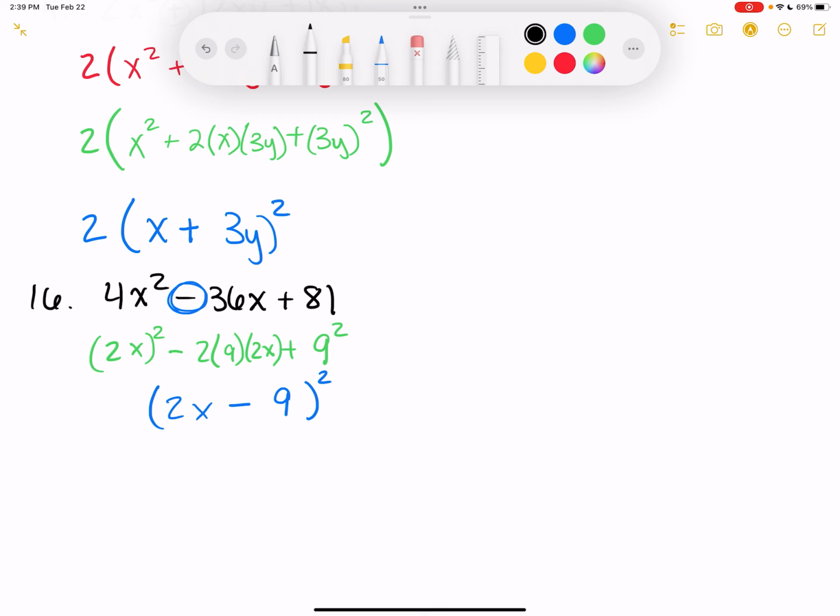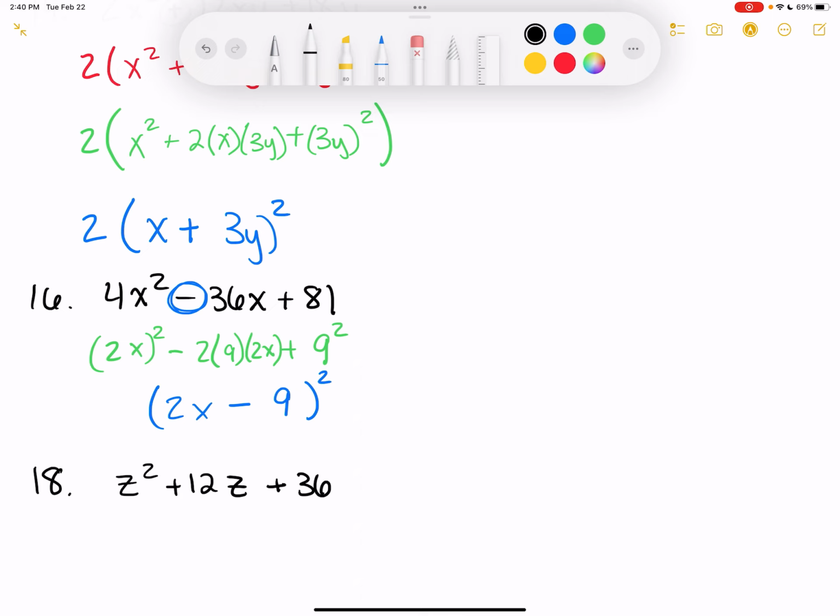All right, another one. Z squared plus 12z plus 36. If you don't want to write the green step, you do not have to.